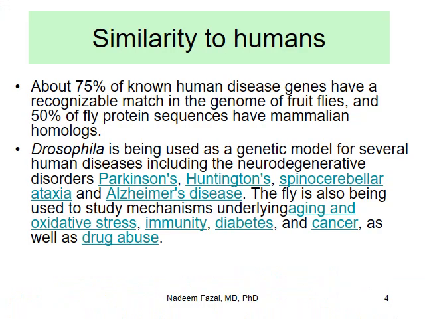And interestingly enough, you can see 75% of the known human genes that we've been talking about so far are a recognizable match in the genome of the fruit fly.